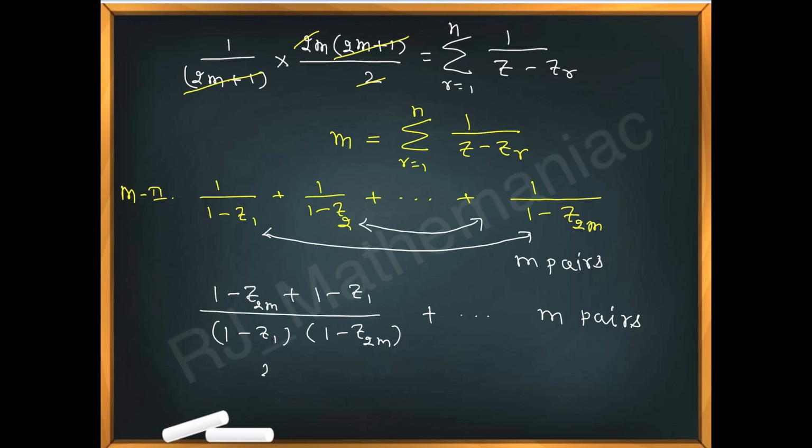So the numerator is 2 minus z1 minus z2m, divided by 1 minus z1 minus z2m plus z1 z2m, and so on, these are m pairs.